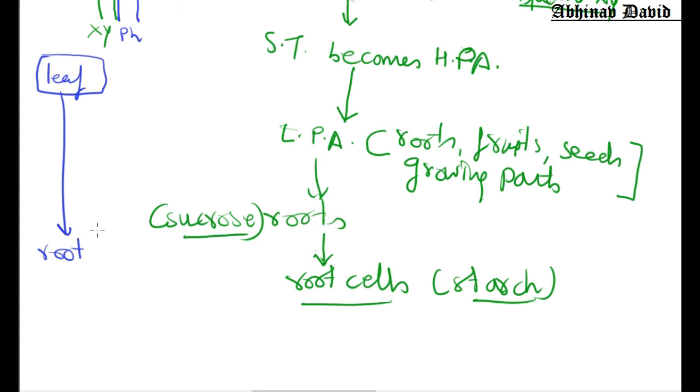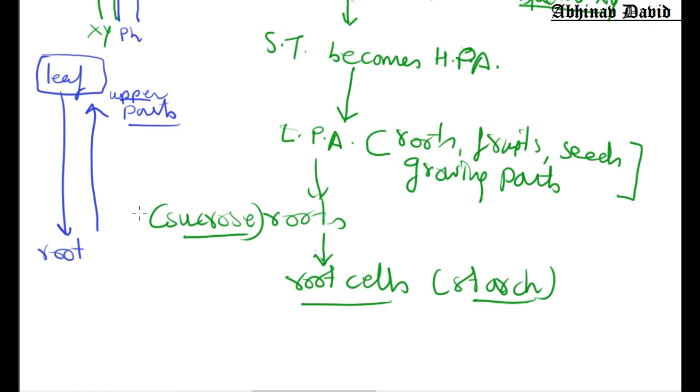So the food has to move from root to the upper parts. So you can see here the food moves downwards into the root, and from the roots to the upper parts. So the food can move in the phloem in both directions, in the downward side as well as in the upper side. This is called bidirectional flow of food.